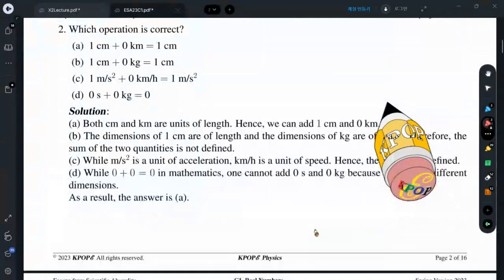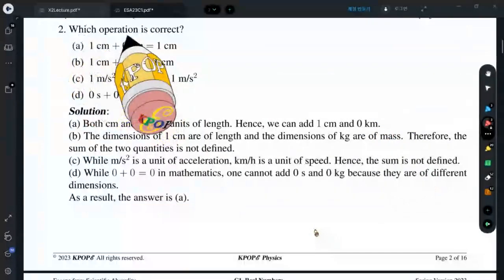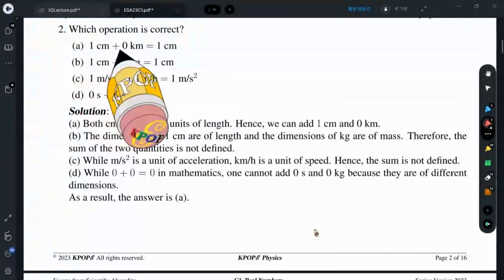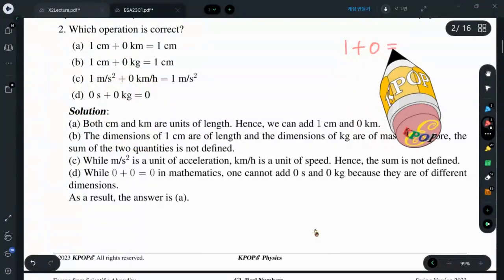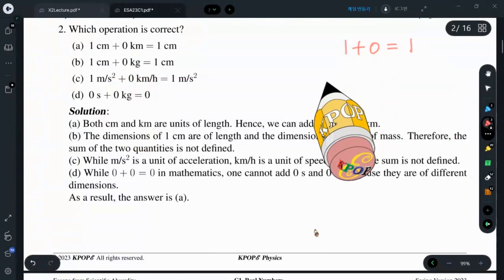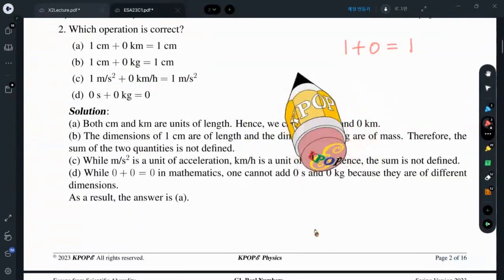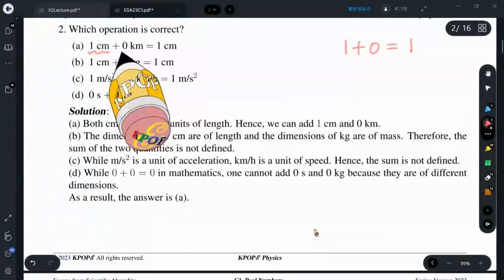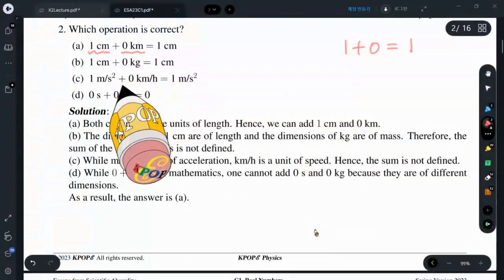Let's solve a simple problem. Operation, which operation is correct? In mathematics, 1 plus 0 is 1. Everybody knows it. However, 1 centimeter plus 0 kilometer.